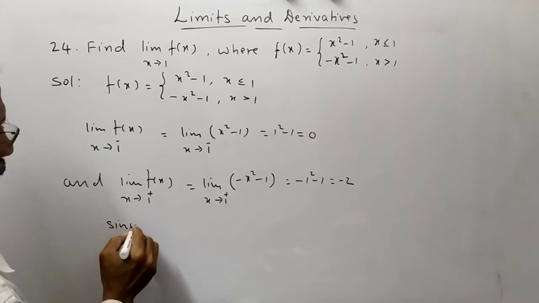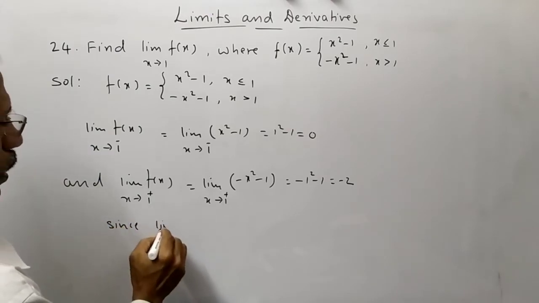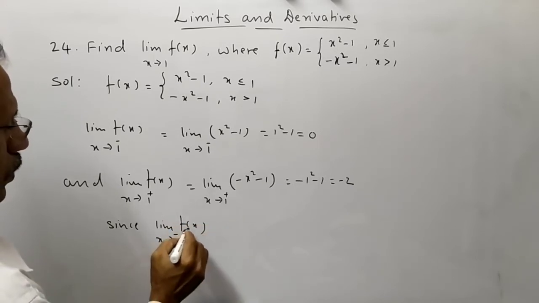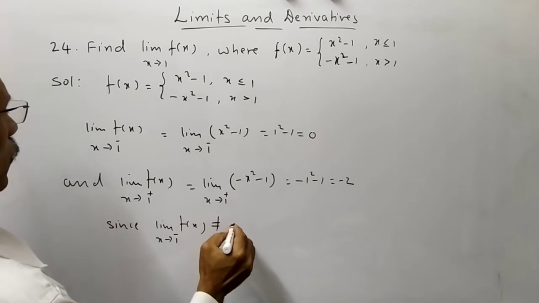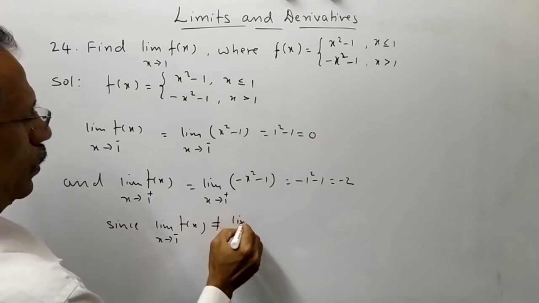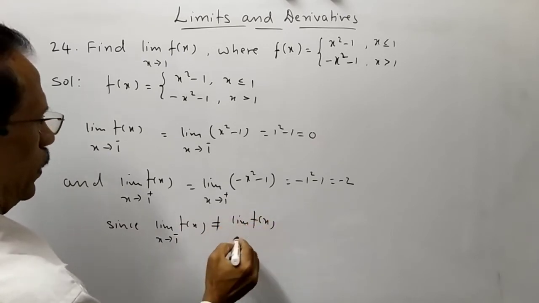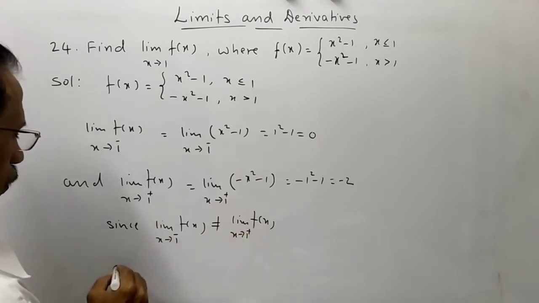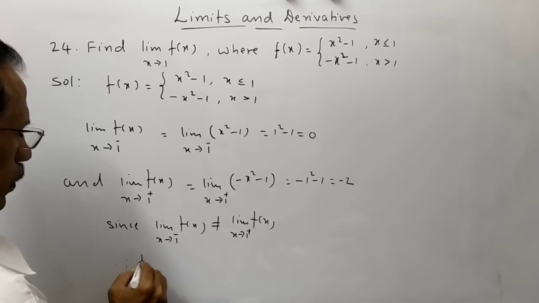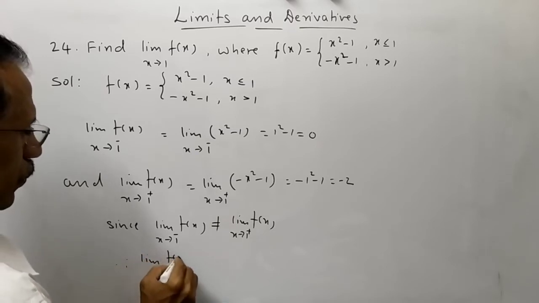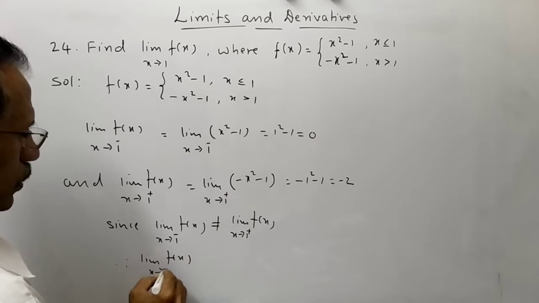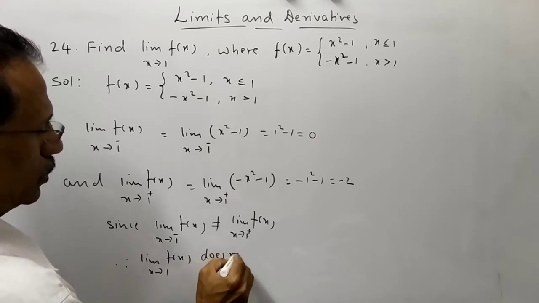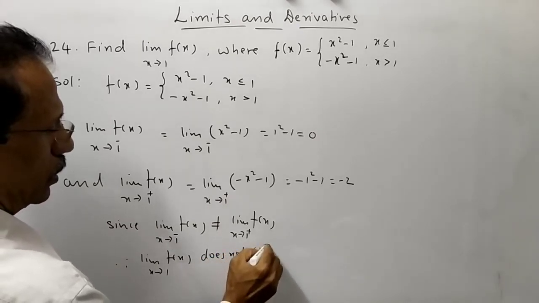Since left hand limit is not equal to right hand limit, therefore limit of f of x when x tends to 1 does not exist.